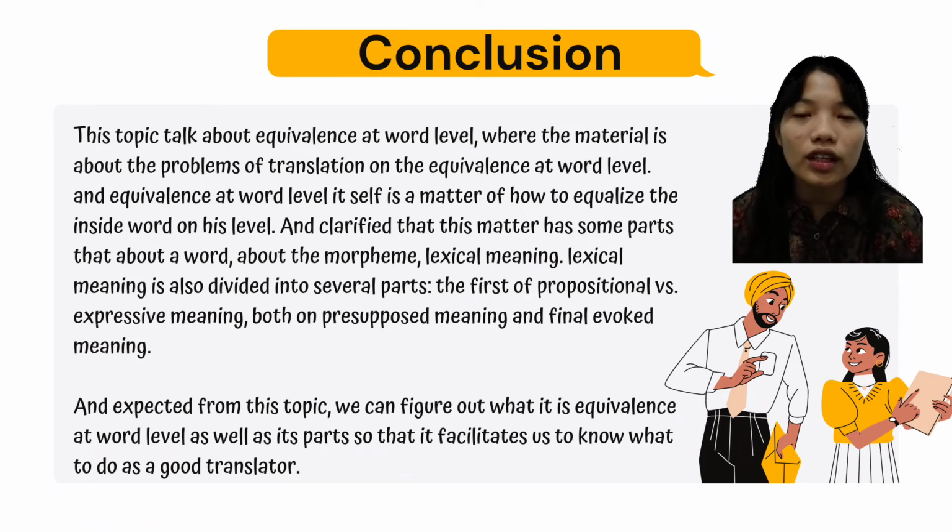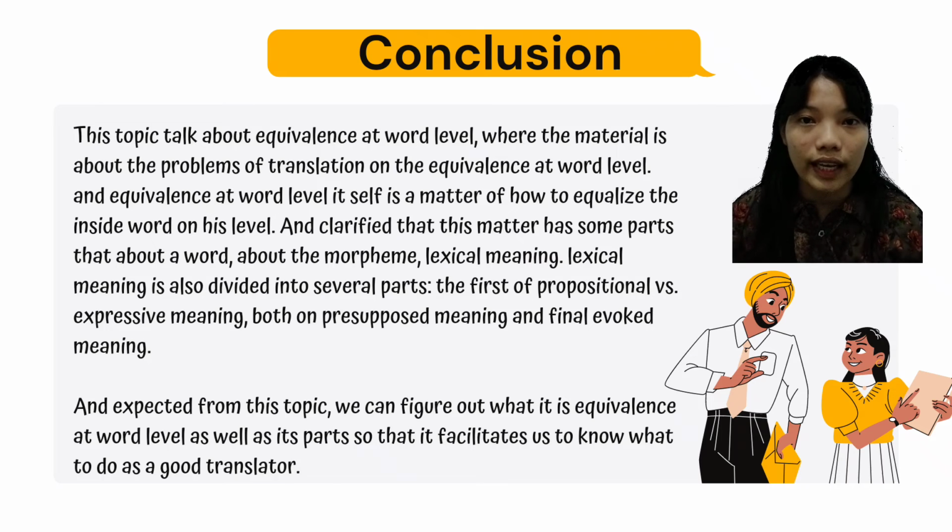So, for the conclusion on this topic, we talked about equivalence at word level, where the material is about the problems of translation on the equivalence at word level. Equivalence at word level itself is a matter of how to equalize the meaning inside a word on its level, and clarify that this matter has some parts about a word, about the morphemes and lexical meaning.